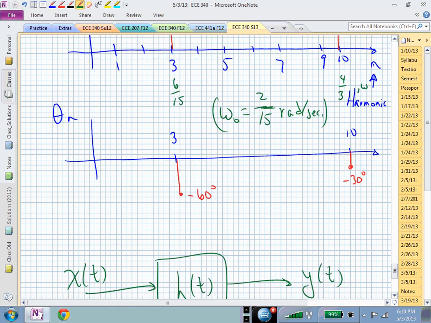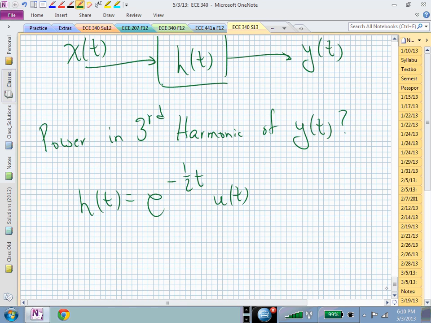Now we might want to compare that to what we have at the output side, where the system is now this h of t. And what does this h of t represent? What's a quick way of thinking of little h of t? What kind of a system is that? Can you see the Bode plot for that system?